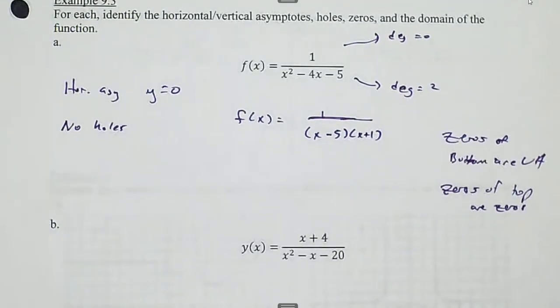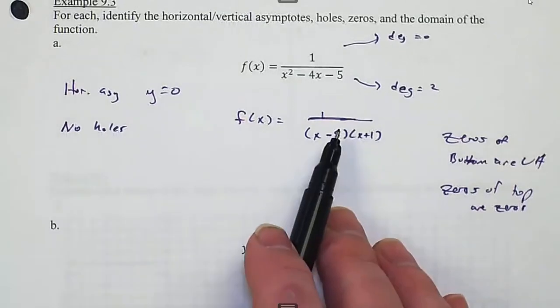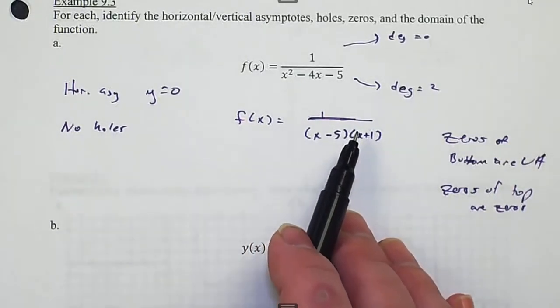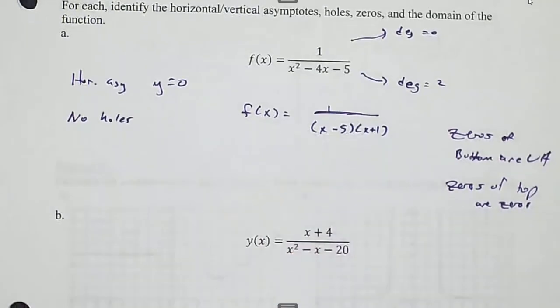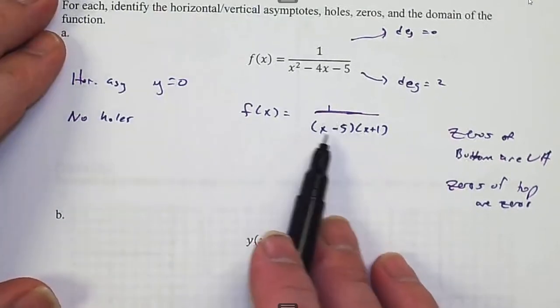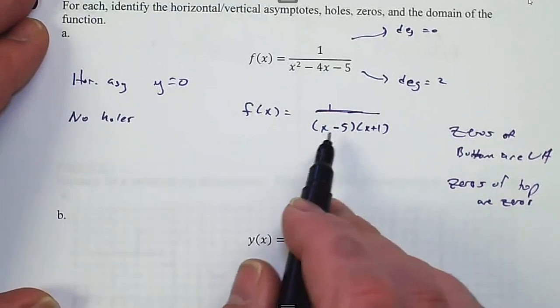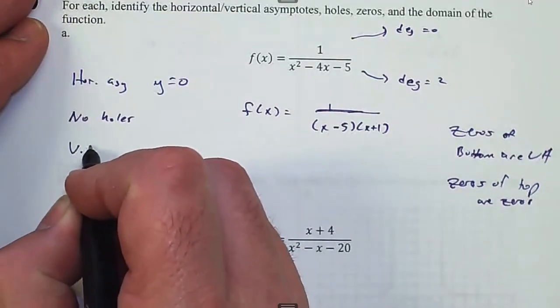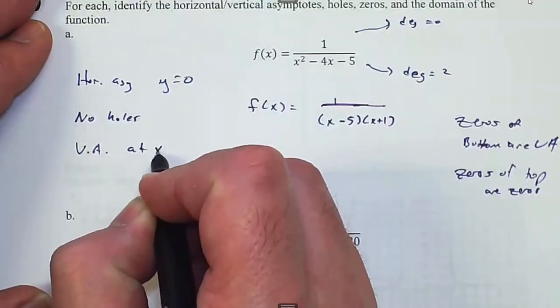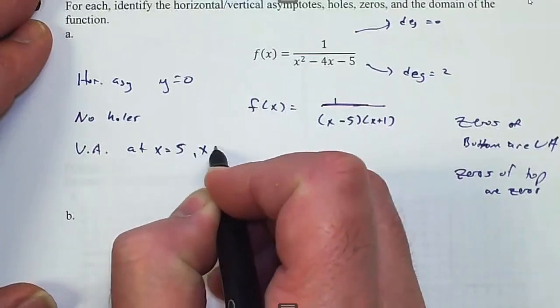When I find a zero, I'm asking, when does this fraction equal zero? The only way a fraction can equal zero is if the top equals zero. Okay? So vertical asymptotes is when you divide by zero. That would occur at 5 and negative 1. So we have a vertical asymptote at x equals 5 and x equals negative 1.